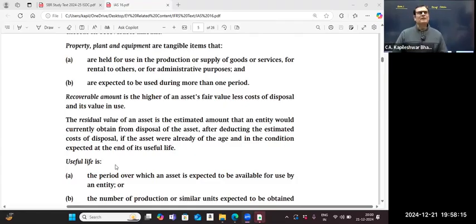Now, I would say the items can be of three types: purely tangible, purely intangible, or a blend of tangible and intangible. Let me give you some examples and you tell me, is it tangible, intangible, or a mix of tangible, intangible? Laptop. Tangible.